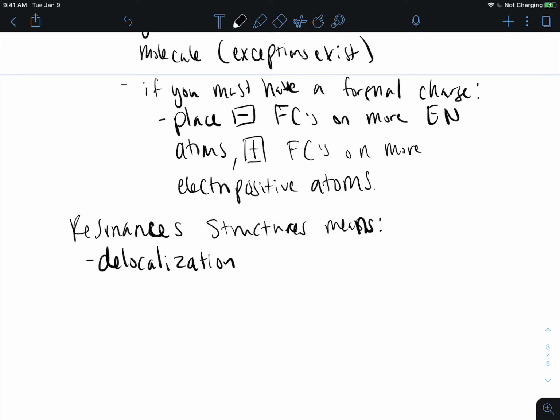And specifically, it's delocalization of pi electrons. We'll talk more about that in chapter 9, but I just want you to have that kind of in the back of your mind.